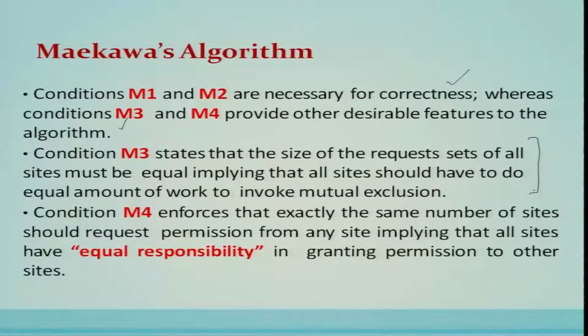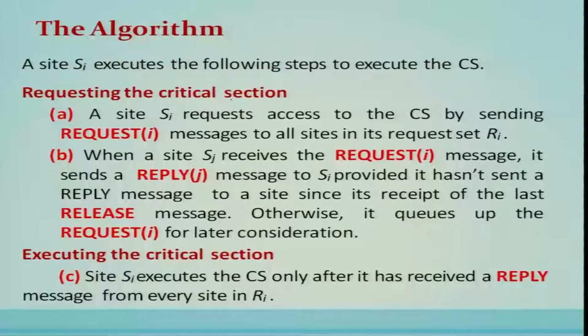Condition M4 enforces that exactly the same number of sites should request permission from any site, implying that all the sites have equal responsibility in granting permission to the other sites. That also guarantees another desirable feature of this mutual exclusion algorithm given by Maekawa.